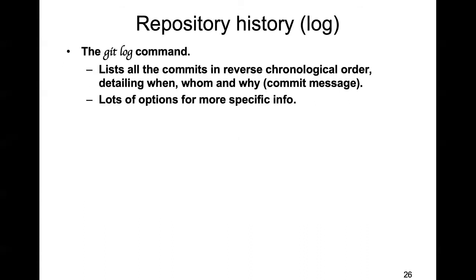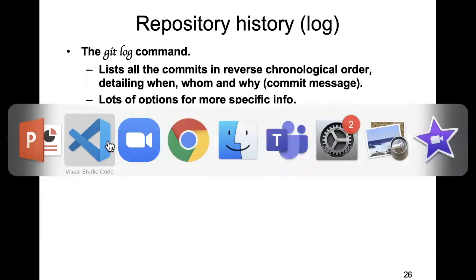The git log command then gives you a history of the changes that have been made to your repository. It's a log of the commits, in other words. So if I just type it from the command line.